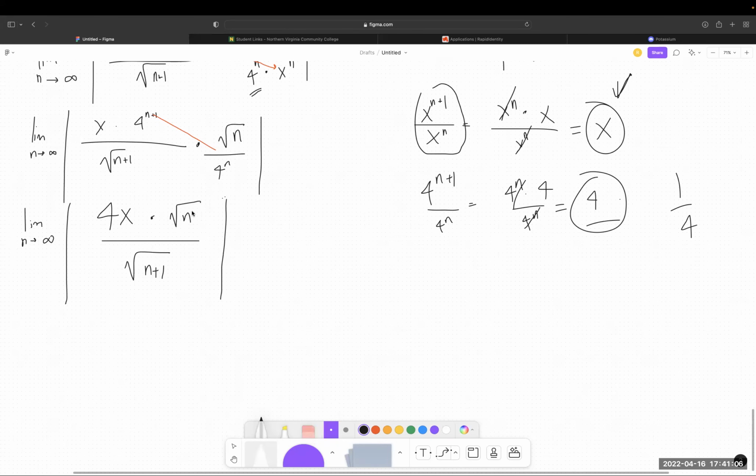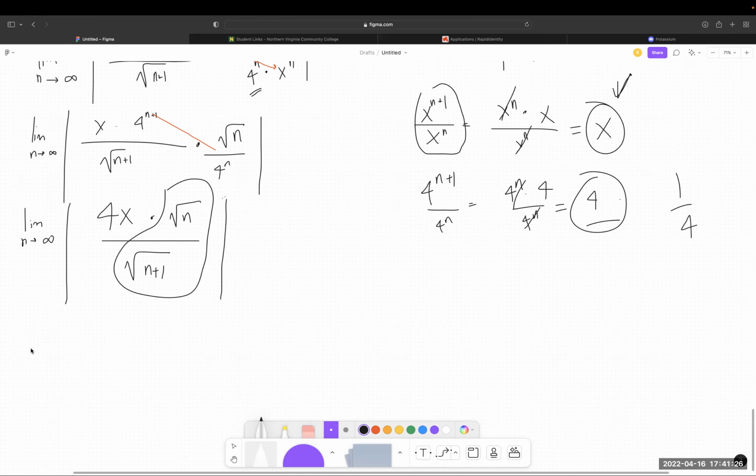These n's, I mean, these will always be positive. We know this, right? And we can pull out the x. Remember what I said? That's a constant, right? It's a constant, but it could very well be negative. So we usually pull out the x, but this time let's take the 4 with us because we know that's a constant as well.